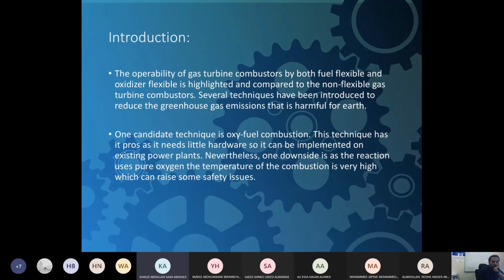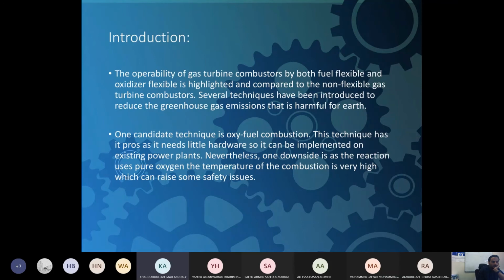In the introduction, the operability of gas turbines combusting both fuel flexible and oxidizer flexible is highlighted and compared to the non-flexible gas turbine combustor. Several techniques have been introduced to reduce the greenhouse gas emissions that are harmful for the earth.